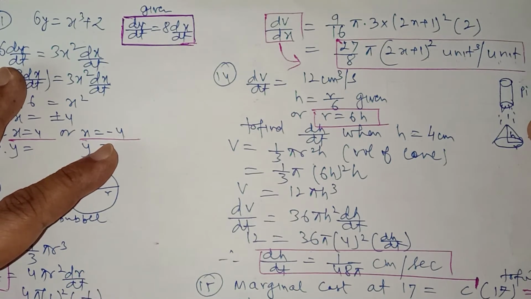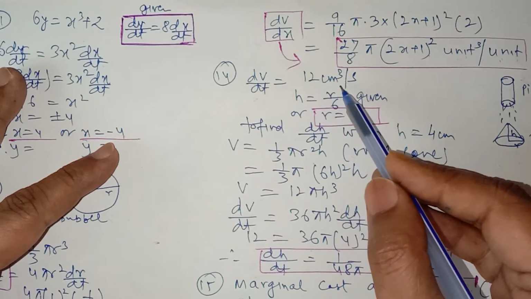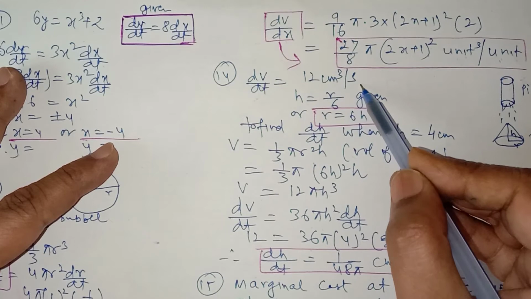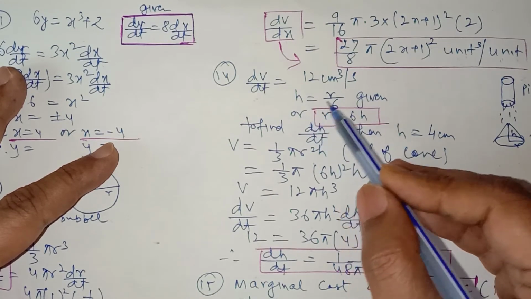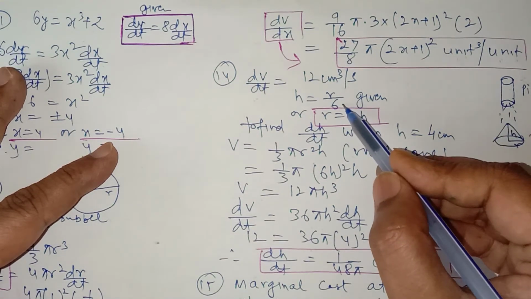In question number 14, there is a pipe from which sand is coming out at a rate of 12 centimeter cube per second, and it is given that the running sand forms a cone on the ground, a conical heap. You know that when some solid or sand is flowed on the ground, it will form a conical shape, and it is given that the height of the conical heap is 1/6 the radius of the heap.